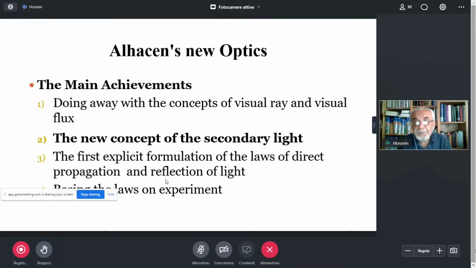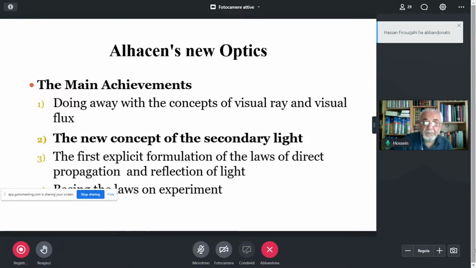And in this program, he investigated all the domains of optics: the rectilinear propagation of light, its reflection, its refraction.